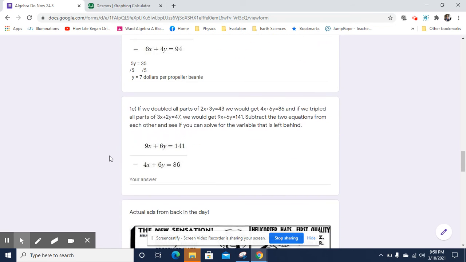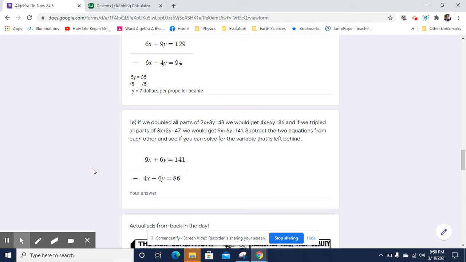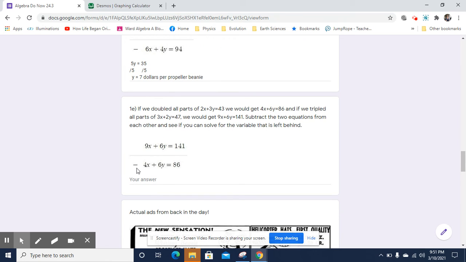Now, let's try it the other way. What we just did was we eliminated the x variable, and this is a method known as the elimination method. So we have eliminated it. It's fun to say eliminate. And now we're going to do the same thing with the other. So instead of tripling the first equation, we double it.